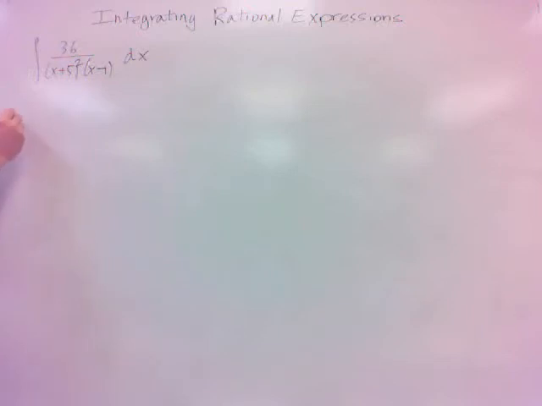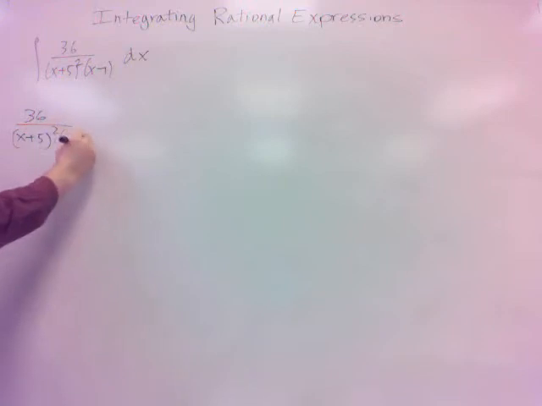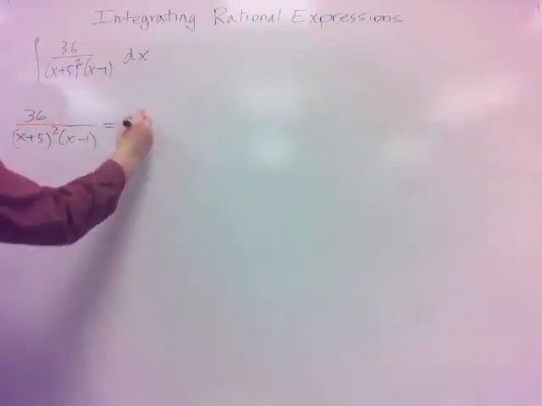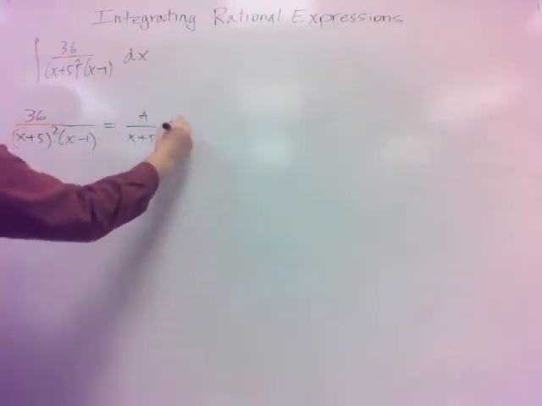Okay, so our decomposition there, what do you think? Well, we got that squared factor, and so that needs to be 2. So I'm going to have A over x plus 5 and B over (x plus 5) squared.